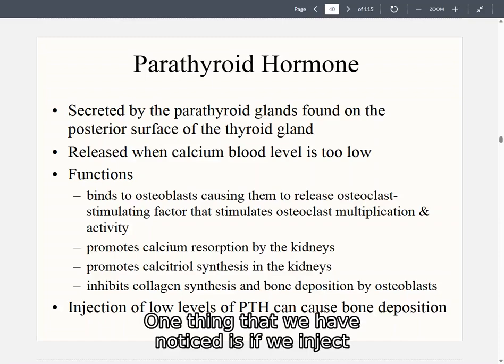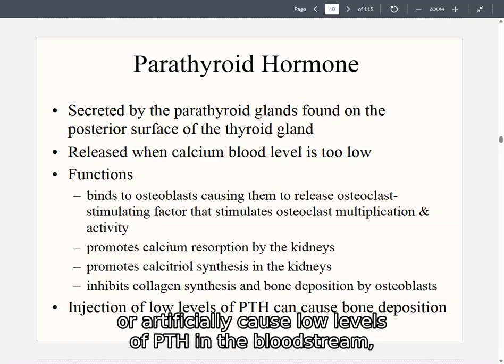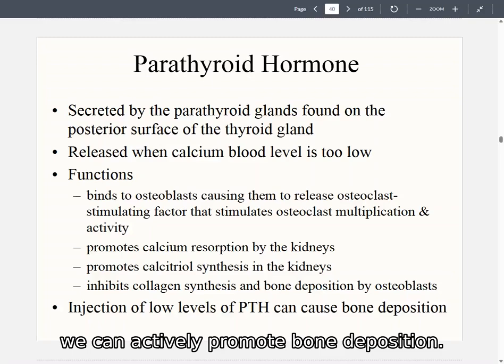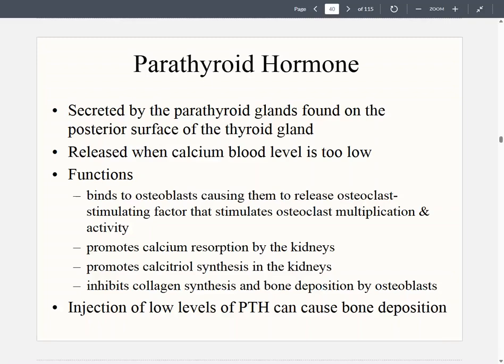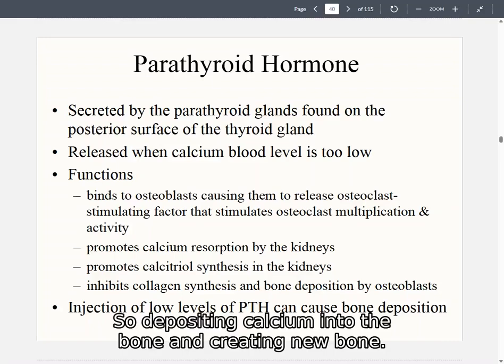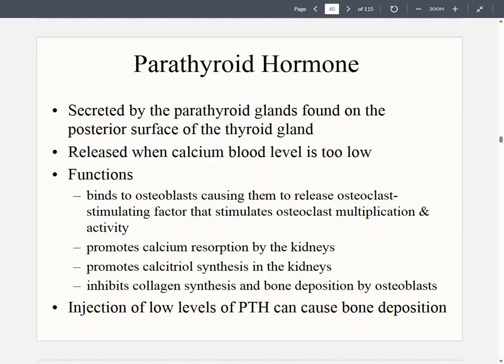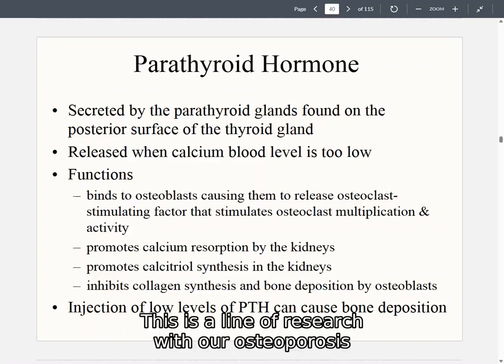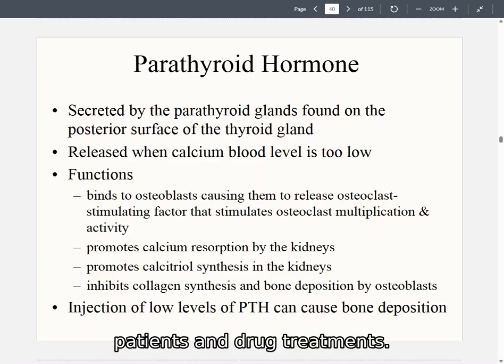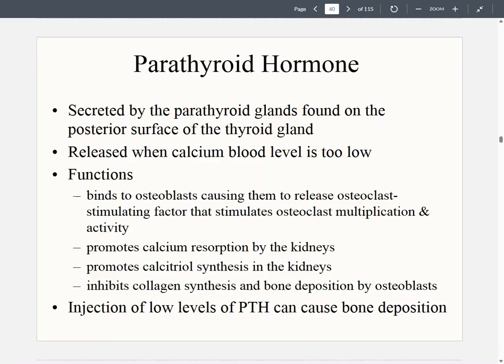One thing that we have noticed is if we inject or artificially cause low levels of PTH in the bloodstream, we can actively promote bone deposition, so depositing calcium into the bone and creating new bone. This is a line of research with our osteoporosis patients and drug treatments.